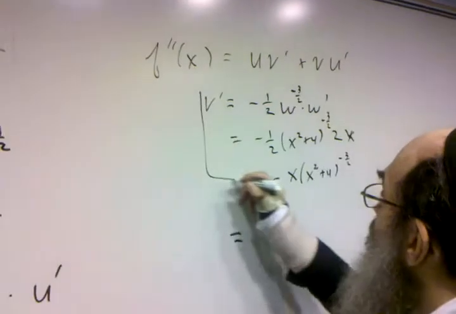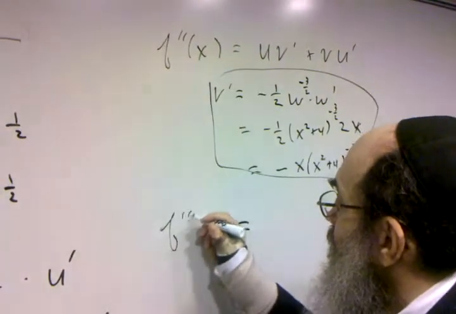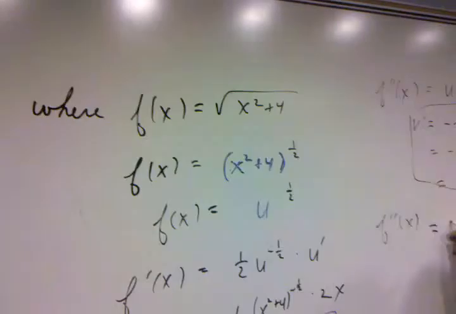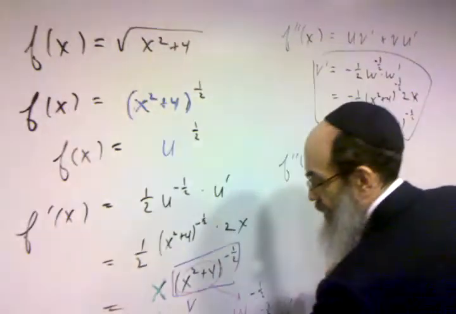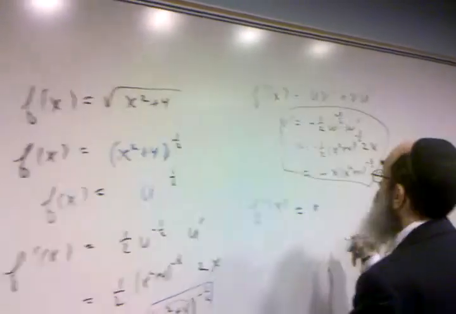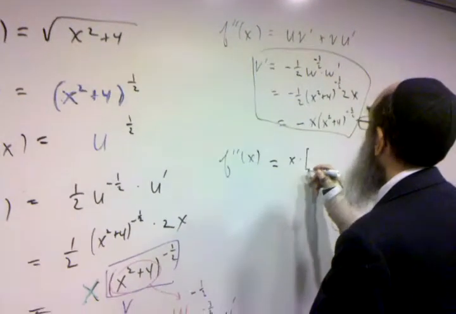So let's put this in a little box, and this means f prime of x equals u. What was u? U was x squared plus 4. I'm sorry, that was not u. U was over here. U was x in this case. V prime is this entire thing right here, which I'll put in.